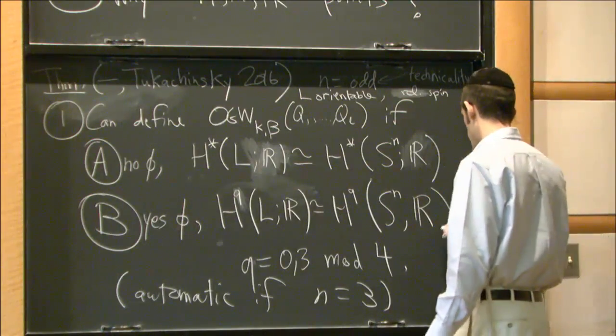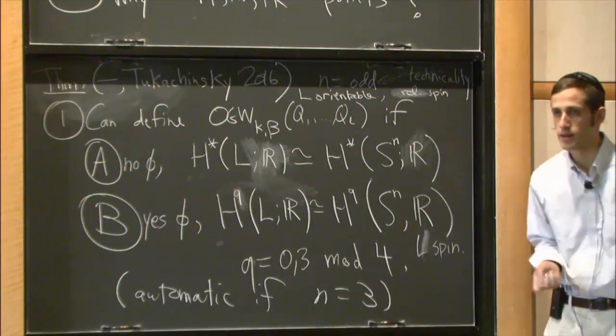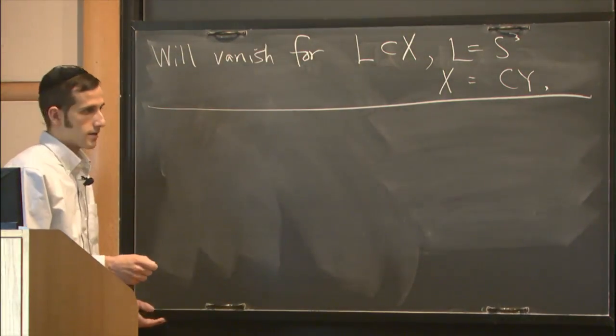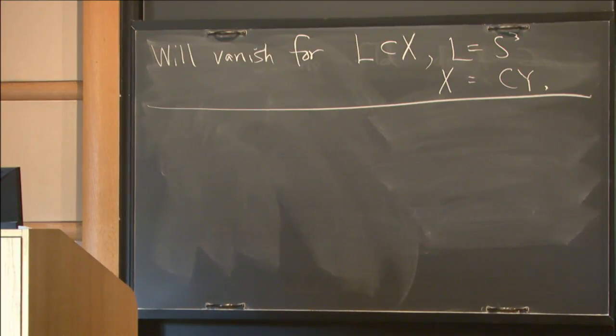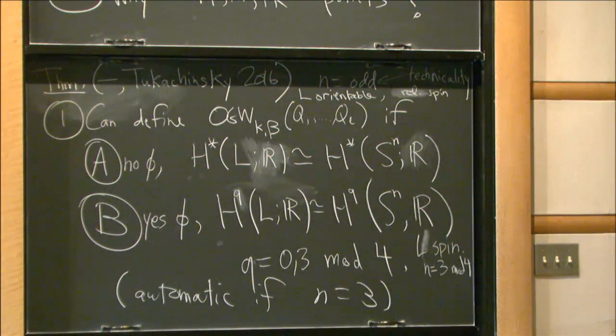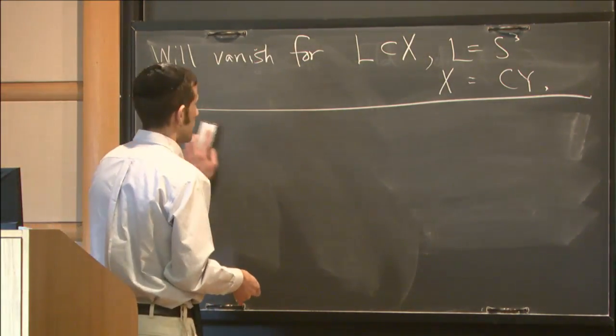Here we actually have to have spin, honestly spin, otherwise things get evil. And maybe n has to be 3 mod 4 here, again for obstruction reasons. Okay, sorry.